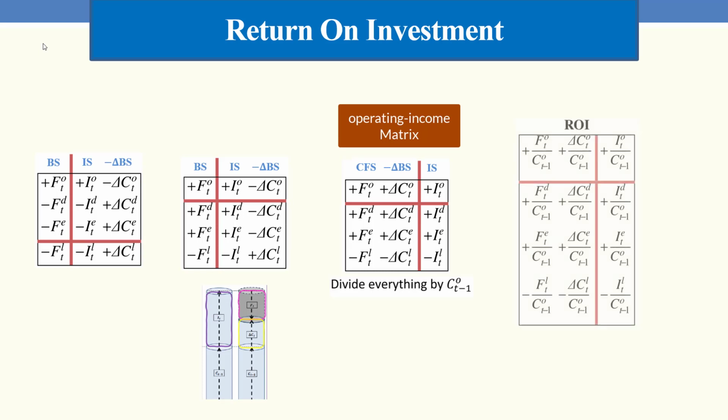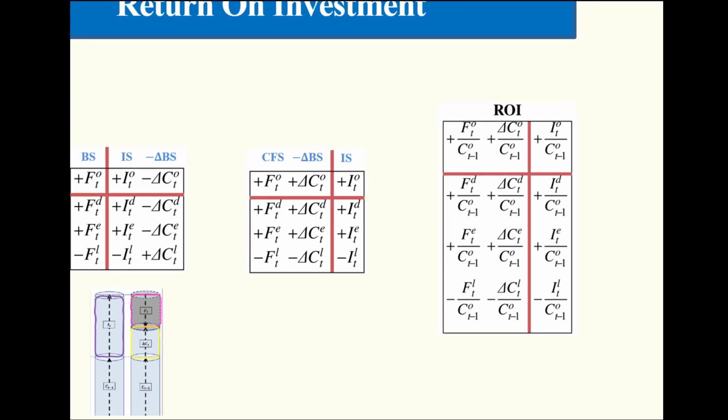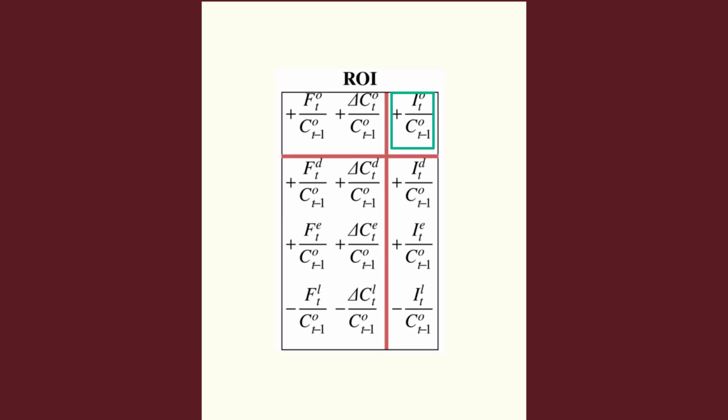And we get this matrix, the return on investment matrix, the ROI matrix. The ROI is one of the most important measures of accounting return. With the split screen matrix, we can see it under four lenses, four different but logically equivalent ways. It's the ratio of the operating income to the beginning of period operating assets. Also, dynamically speaking, it can be broken down to an operating dividend rate and the change in operating assets.